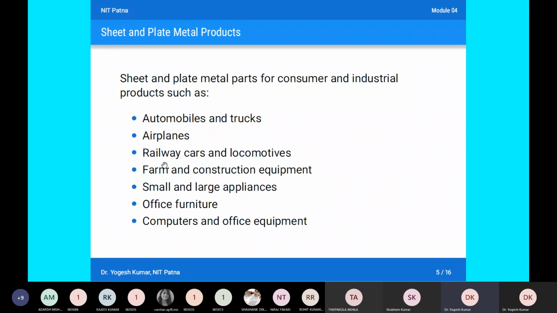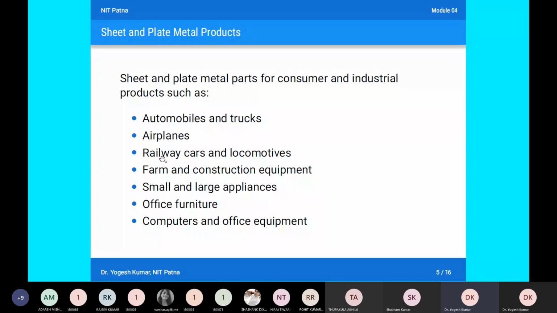These products are produced using multiple sheet metal forming processes. If you Google the contribution of sheet forming processes, you will find that sheet forming processes contribute a large amount of GDP as compared to any other manufacturing processes.